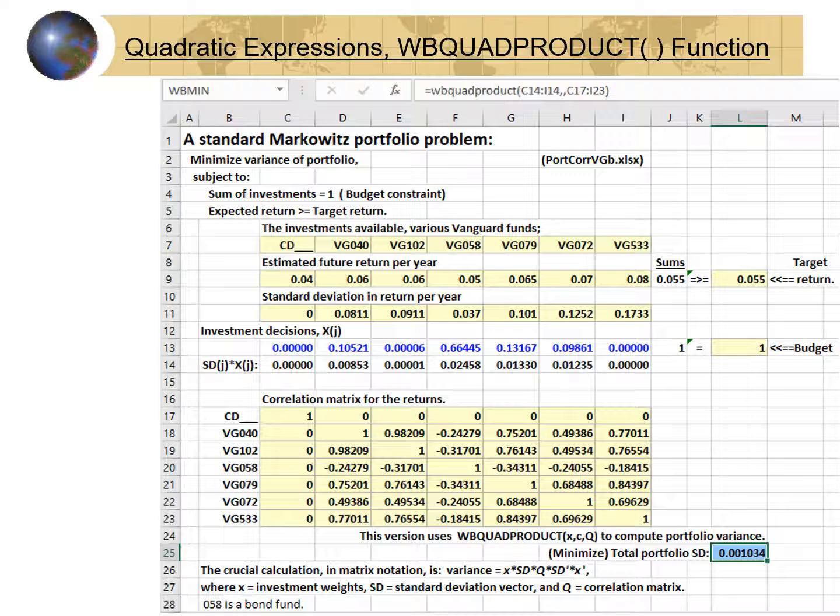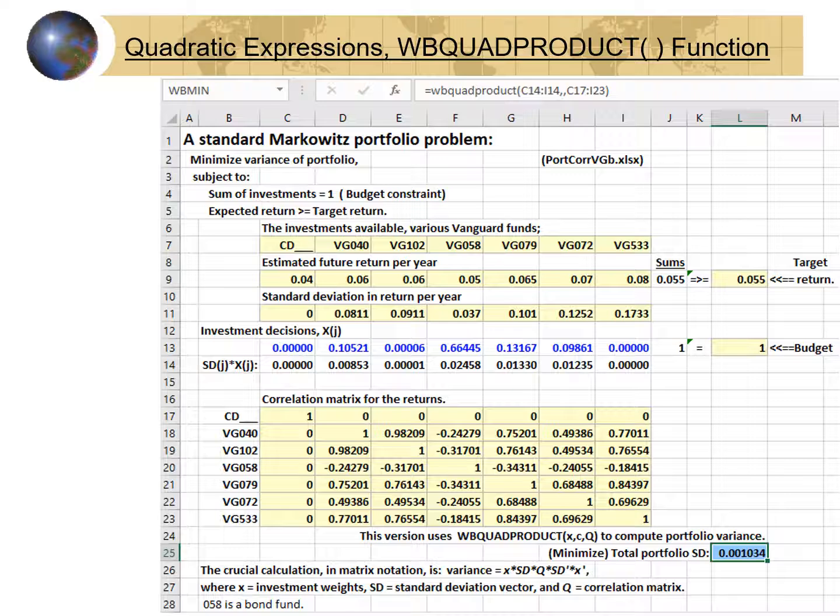The tricky part is to compute the variance of the portfolio, and this is essentially done by a single computation in What'sBest. There's a function called quad product, and you simply say, here's the correlation matrix, and here's the vector I want you to multiply by this correlation matrix.